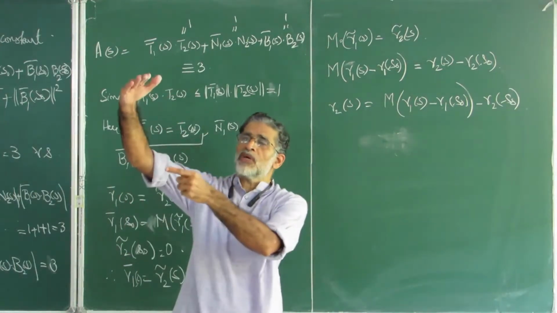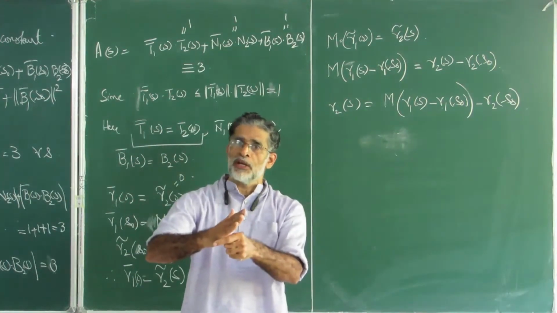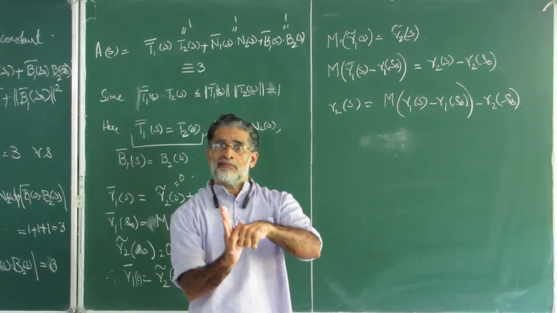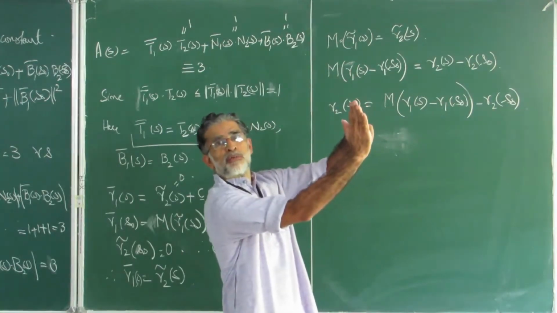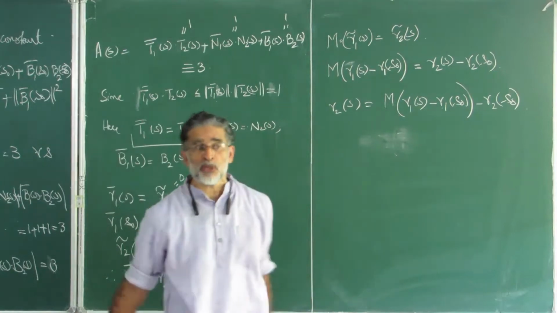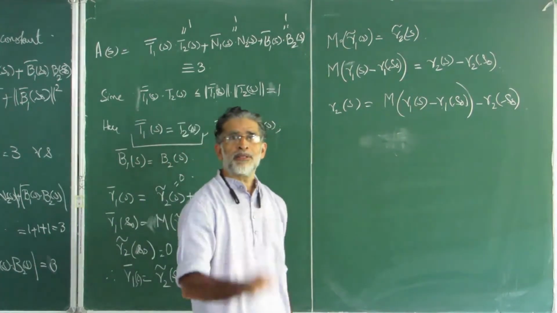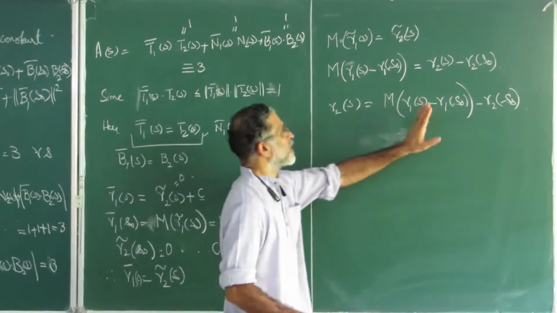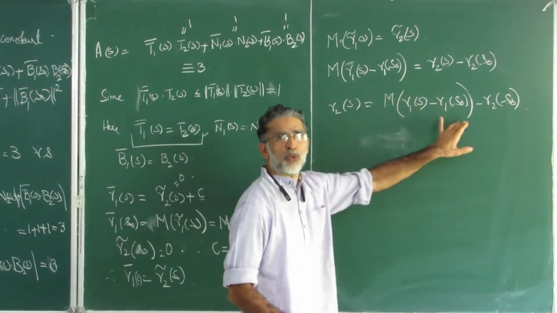So your gamma 1 was here. You first translated to the origin. Then you rotated. And then again translated to gamma 2. So you go from gamma 1 to gamma 2 using only one rotation and two translations.